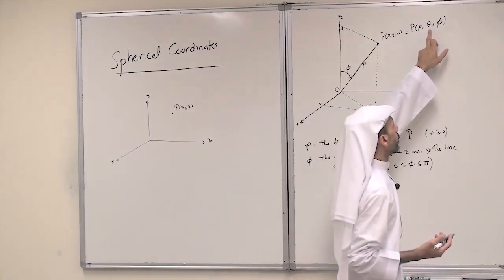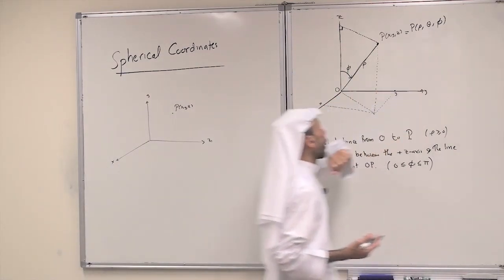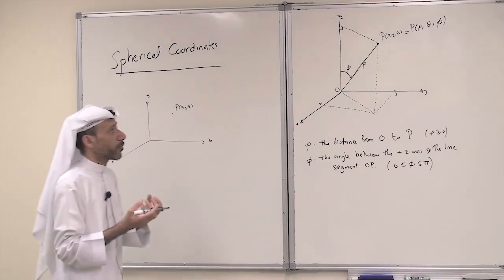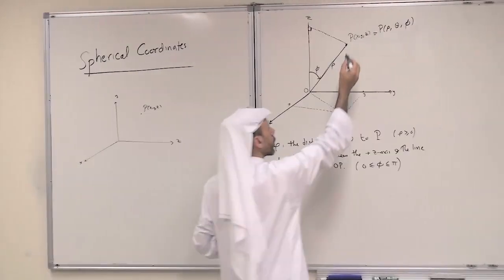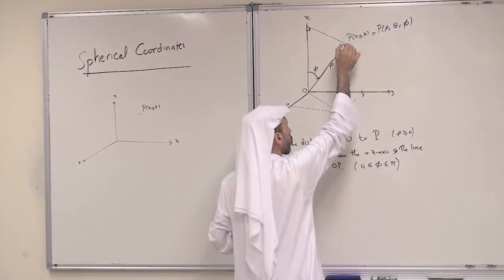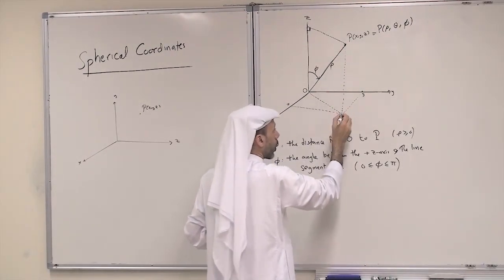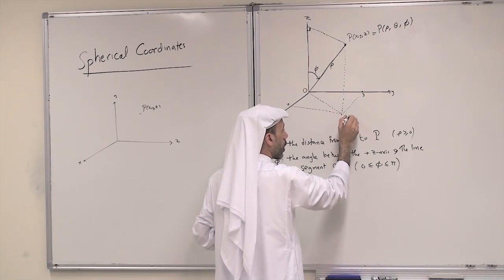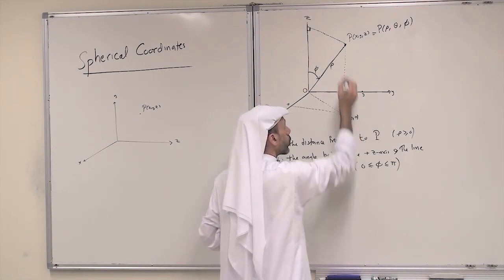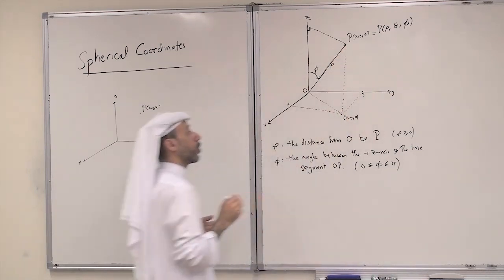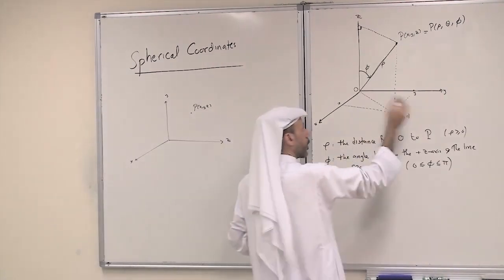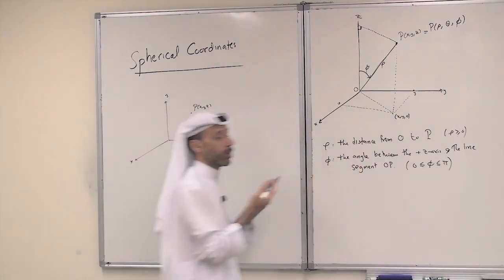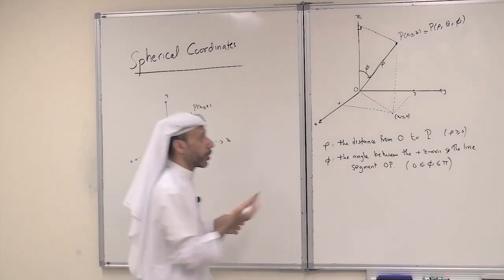Now the second, the middle number, theta, comes from the polar coordinates. Take the point P, x, y, z, and take the projection of the point in the xy plane. So this is x, y, and 0. Now in the xy plane, find the polar coordinates of the point.